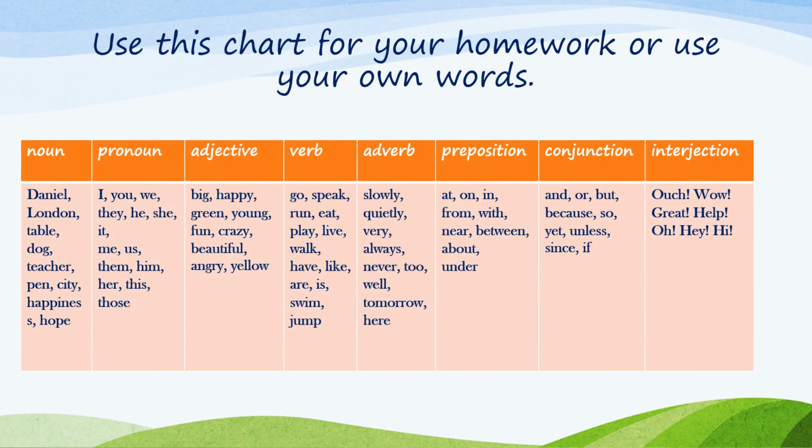When we finish, we must have some application. So let's have an idea of what we are going to do in our homework. You can use this chart for your homework or use your own words. Here is a table divided with some examples on the noun, pronoun, adjective, verb, adverb, preposition, conjunction, interjection, and the articles.